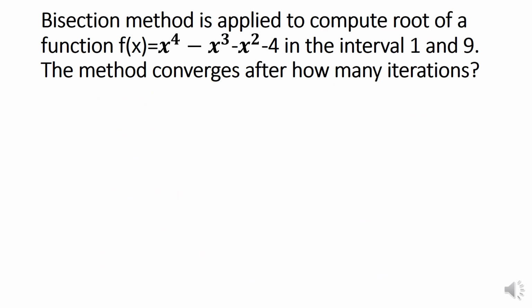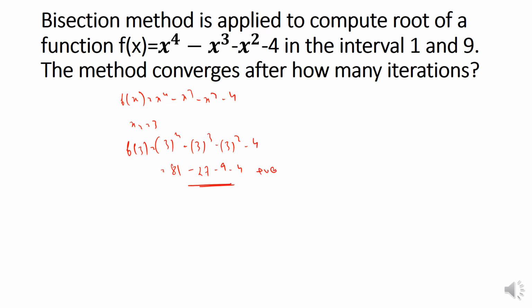Here as well, f of x is equal to x power 4 minus x cube minus x square minus 4. So x2 is equal to 3, and f of 3 is equal to 3 power 4 minus 3 cube minus 3 square minus 4. This is 81 minus 27 minus 9 minus 4, and this value is positive.